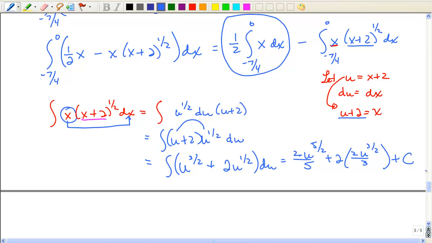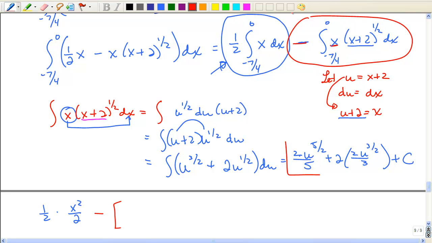I'm going to come back up here and remember integrating that. So let's see. Starting back up here, I have 1/2 times x squared over 2. Then I've got this integral here, and I need to subtract it, so I'm going to say minus, and I have this result, but I need to replace my u's with what was u equal to, which was in terms of x.